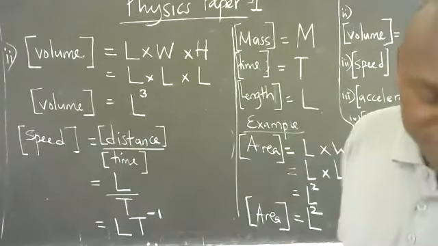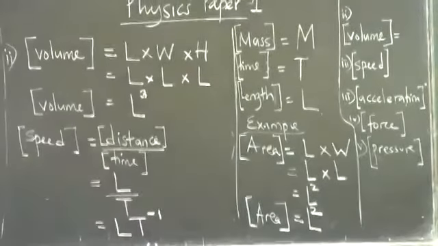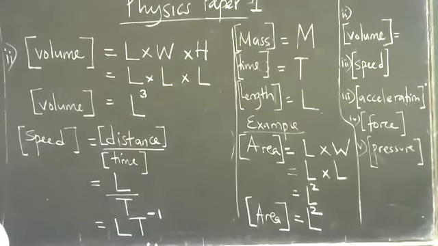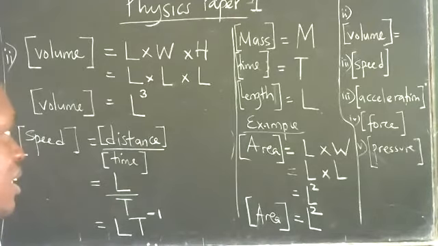What answers do you have? Somebody was talking about the one of acceleration. Acceleration, what answer do you have? LT to power negative 2. Negative 4? Abraham, you have the same answer. Which one do you have? LT to the power negative 2. Yeah, yours is negative 2. The one for Daniela was negative 4. Anthony, which one do you have?